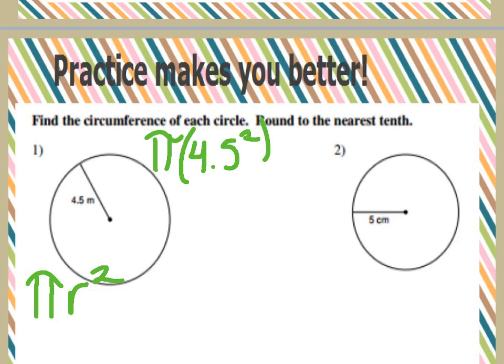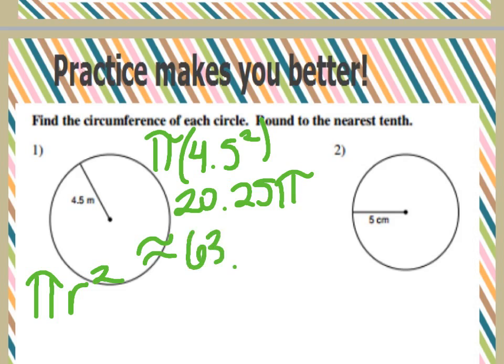So 4.5 squared is 20.25, and then just keep your pi. That's the area of that circle. Now, if we wanted the approximate answer, we would take 20.25 and multiply it by 3.14. The approximate area of this is 63.59 meters.